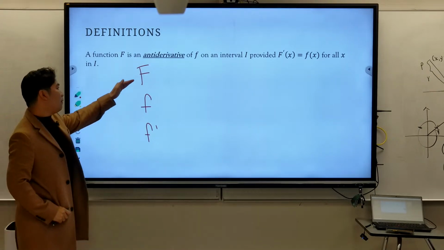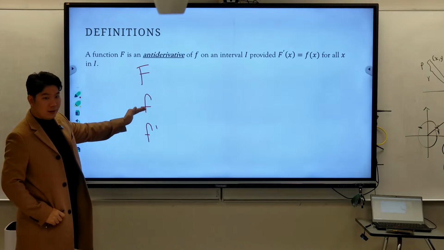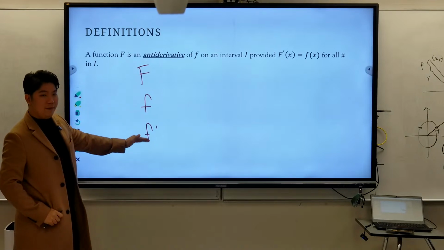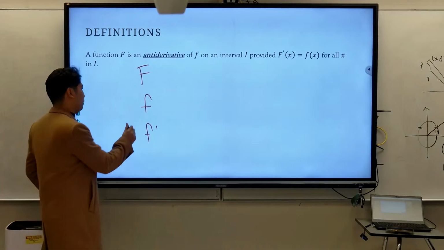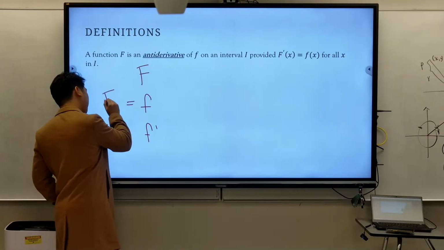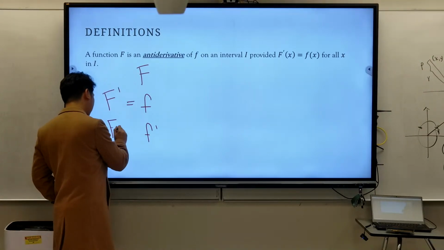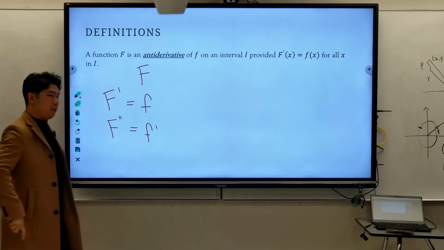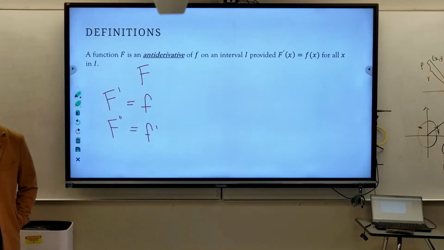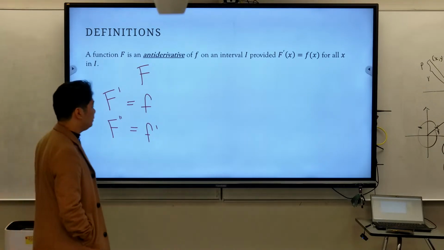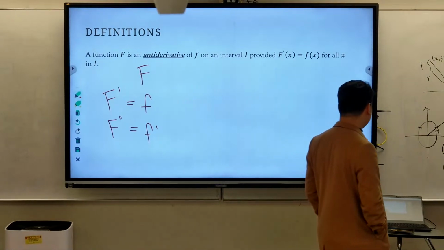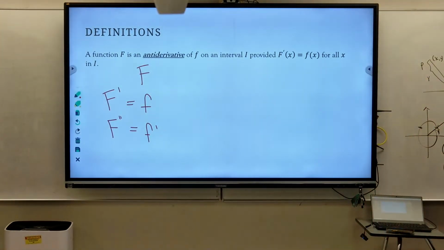So the derivative of big F is little f. The derivative of little f is f prime. Or if you want, you can put this in terms of first derivative of big F and then second derivative of big F. So antiderivatives.